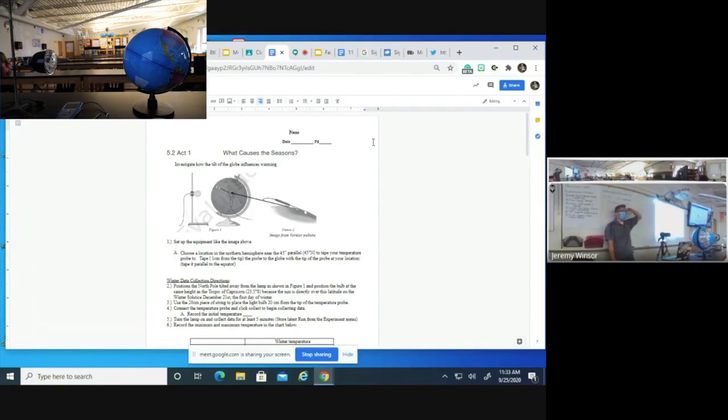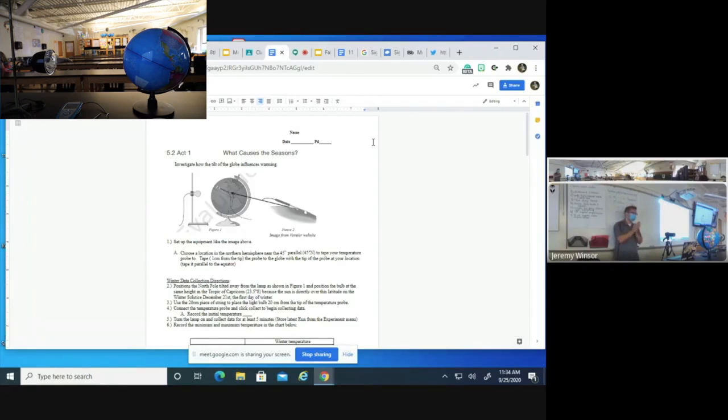And we said, well, the number of hours in a day doesn't change, so that tells us the motion of the Earth must not change. It must remain constant. And if the motion of the Earth is remaining constant, the only thing that must be changing is the angle at which the sun's rays are directly hitting our Earth.